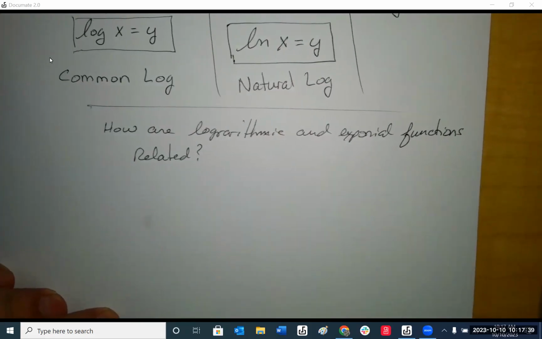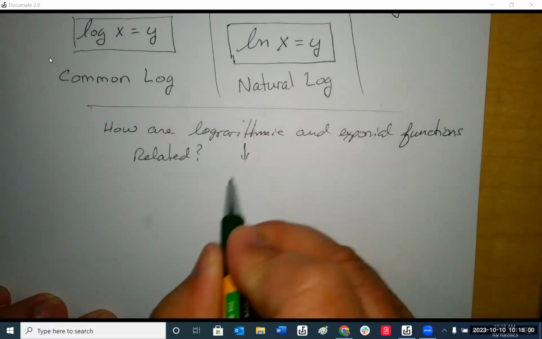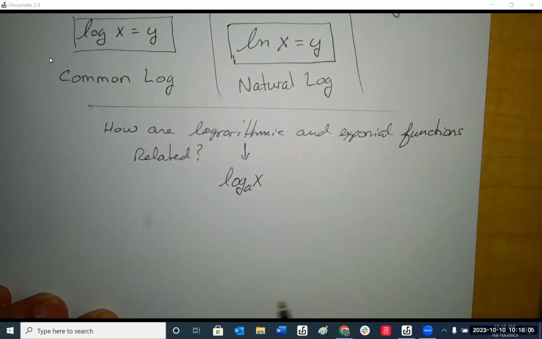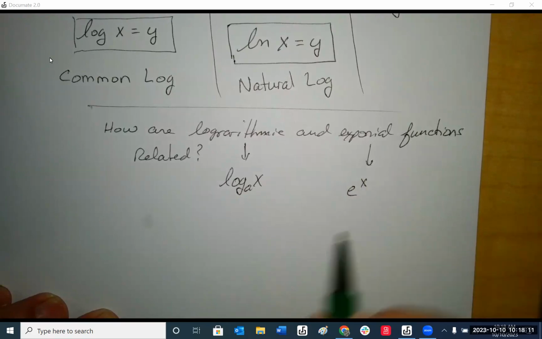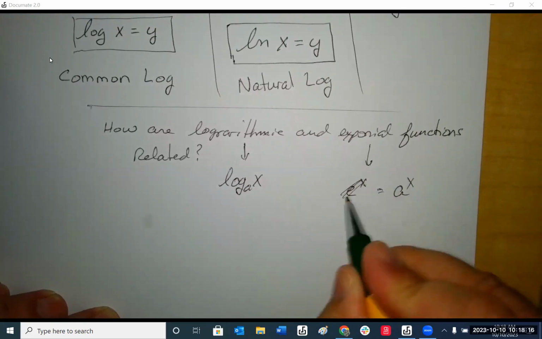What is an exponential function? Yes, but what does it look like? What does the function look like? We know logarithmic equations are log base a of x. Exponential functions, e to the power x. Or that's one, it's generally a to the power x.